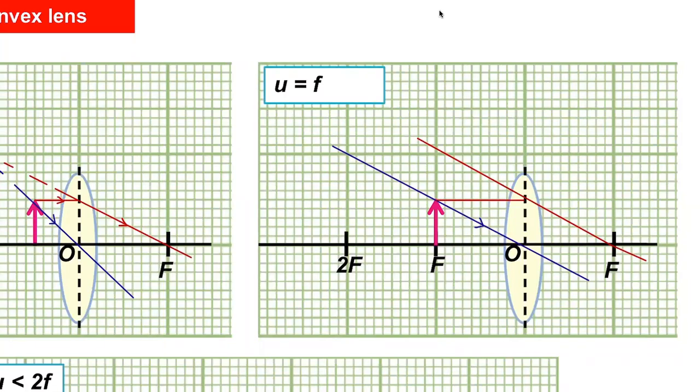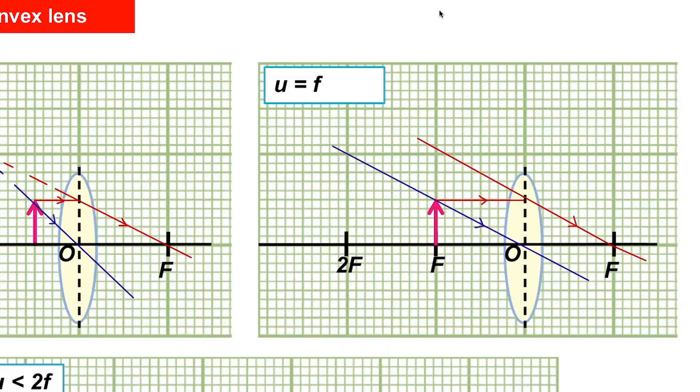Please don't forget to draw the arrow to indicate the direction of the ray of light. And then as you can see, there is no intersection of the two lines drawn. It means that the image is on the same side as the object, but very, very far away, and the size of the image is very, very big.